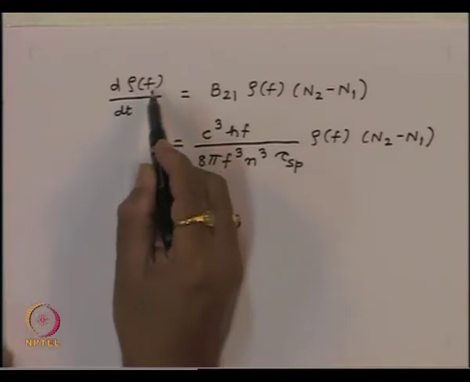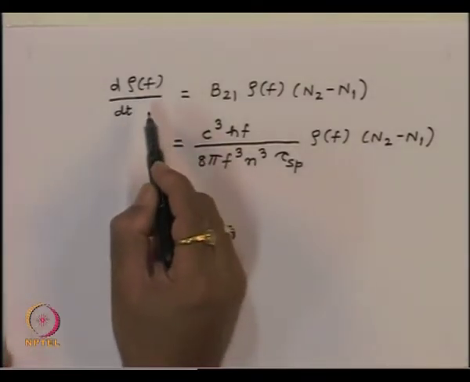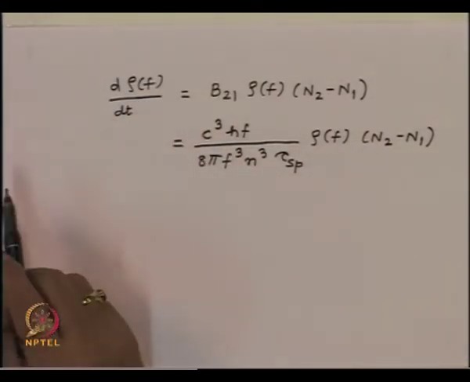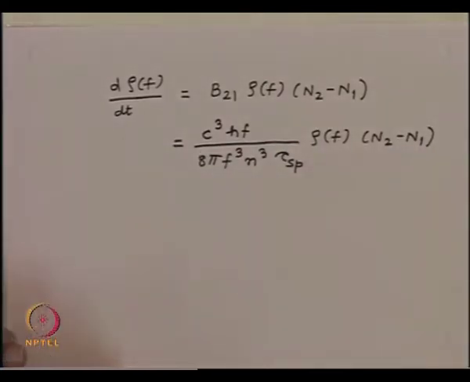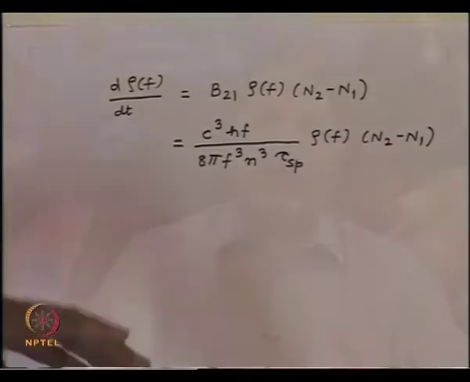So, now we are seeing that the photon flux varies as a function of time, and that is given by this differential equation. But when we look at the photons, a photon is essentially an electromagnetic wave. So, the photon is not going to be staying at a particular point as a function of time, it moves with the velocity of light.